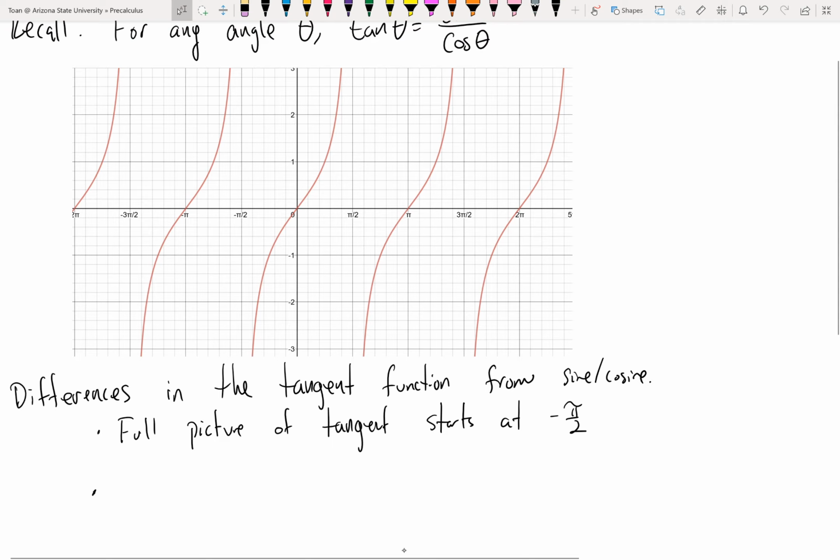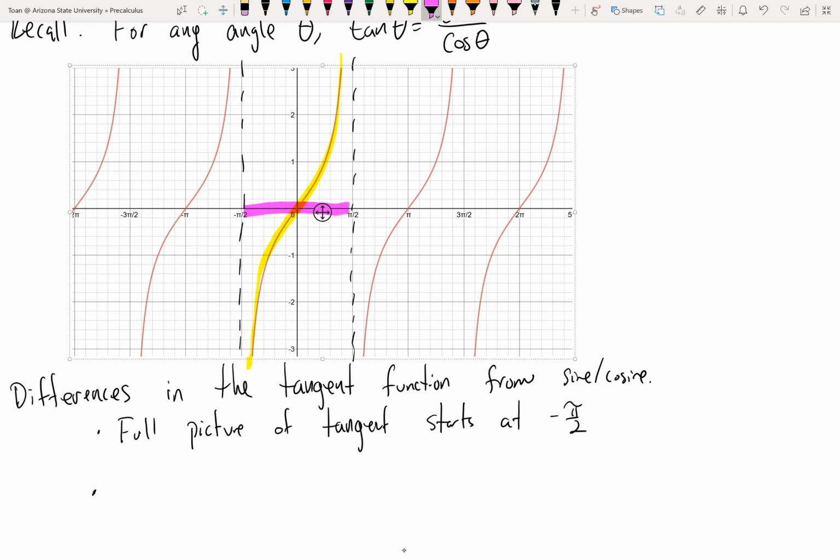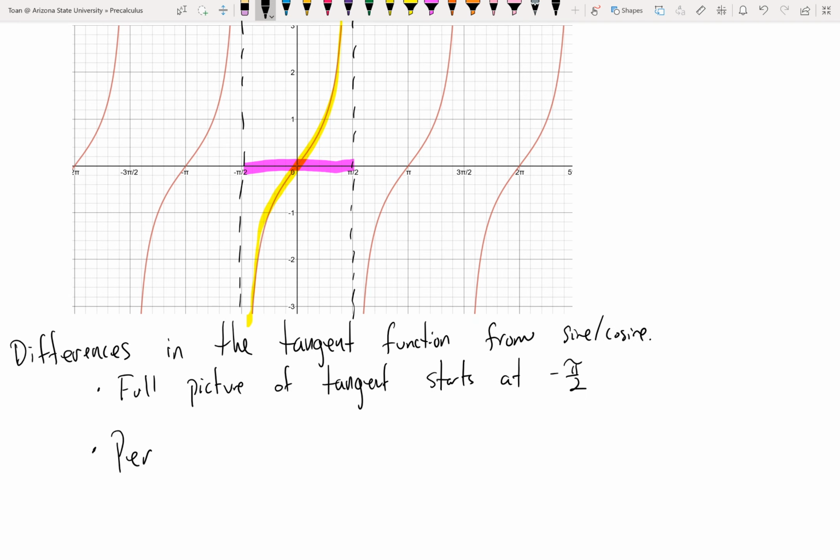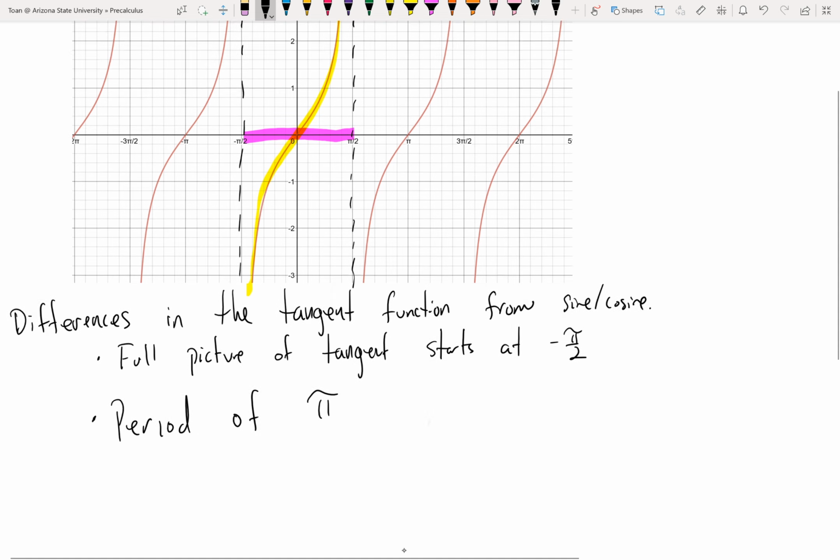Secondly, this is the full picture here of tangent. Notice it's between the vertical asymptotes of negative pi halves and positive pi halves. By definition, the horizontal length is the period. So what is the horizontal length between negative pi halves and positive pi halves? That is 1 full pi. So it has a period of pi, whereas on Friday, we saw that sines and cosines have a period of 2 pi.